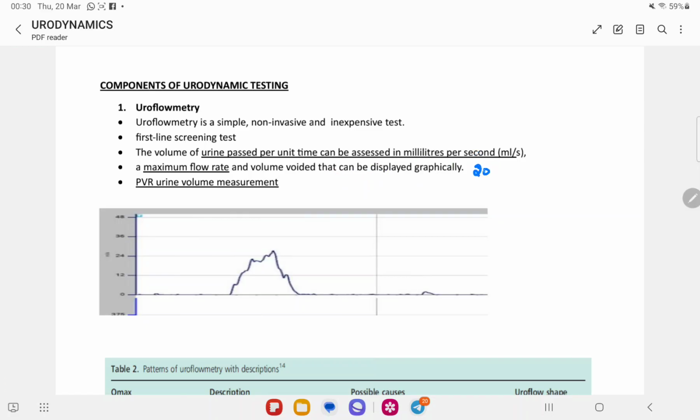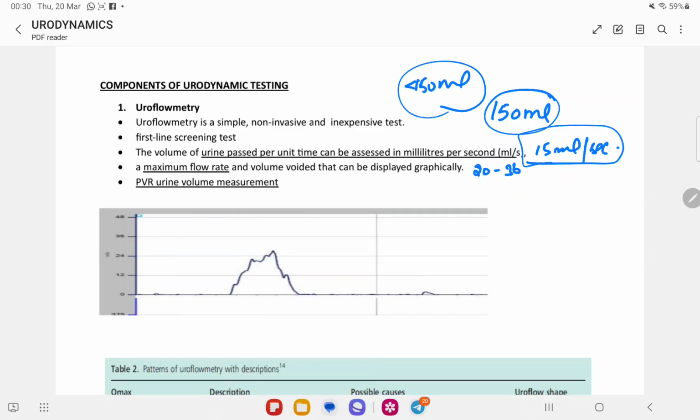The normal maximum flow rate is around 15 ml per second, but this applies if a person is voiding 150 ml of urine. If a patient is voiding less than 150 ml, it is automatically going to decrease.